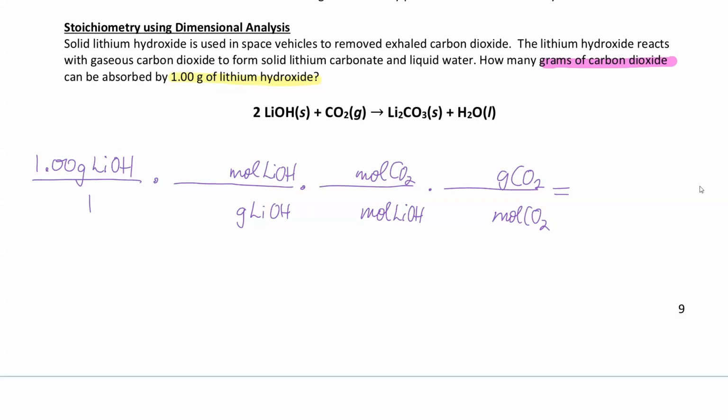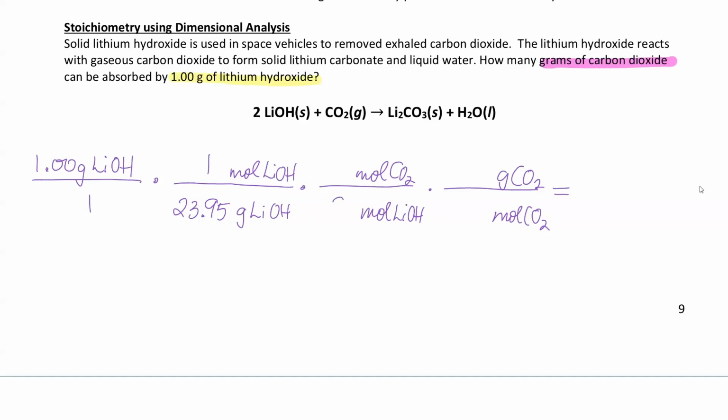Okay, so 1 mole of lithium hydroxide is 23.95 grams: 6.94 plus 16 plus 1.01. The mole ratio converts us from moles of one substance to moles of the other. This comes from our balanced equation.